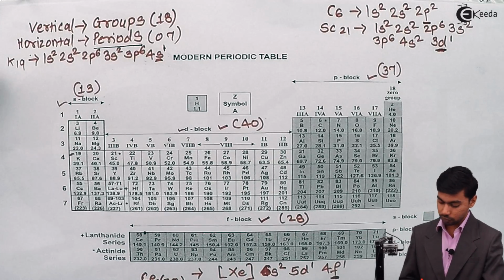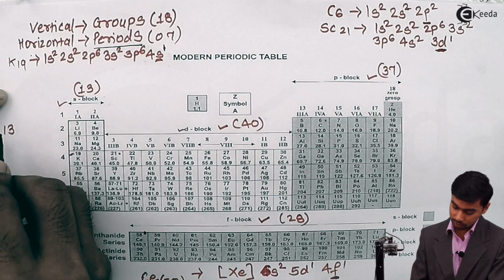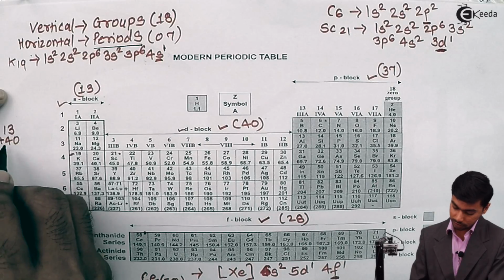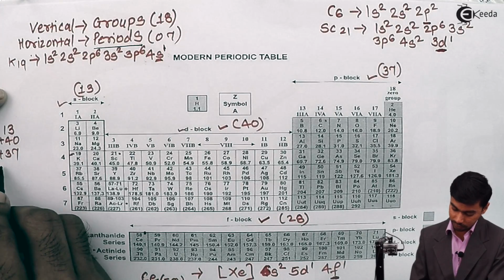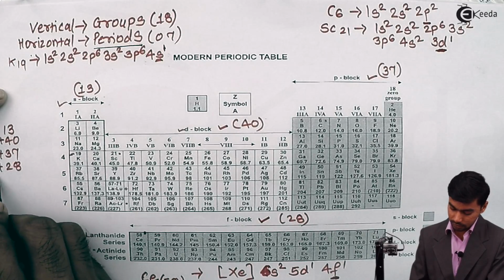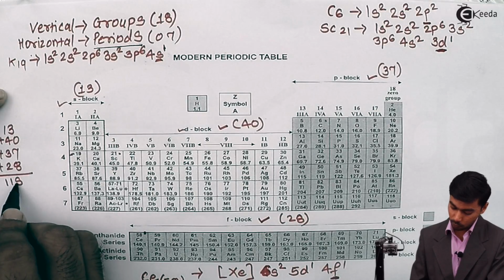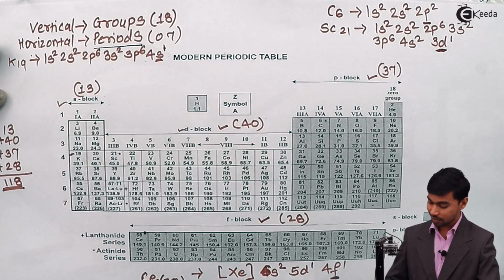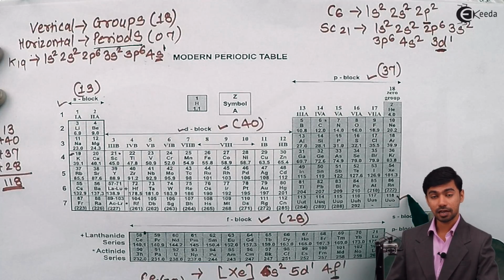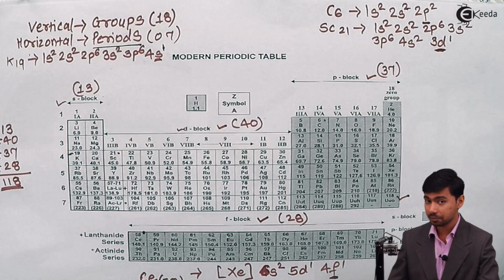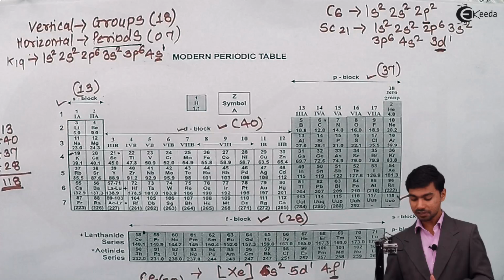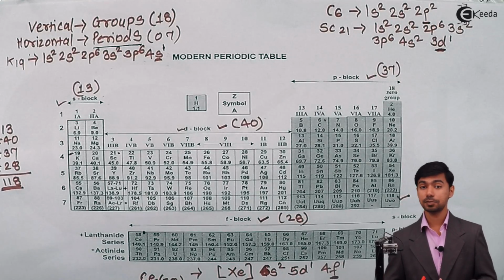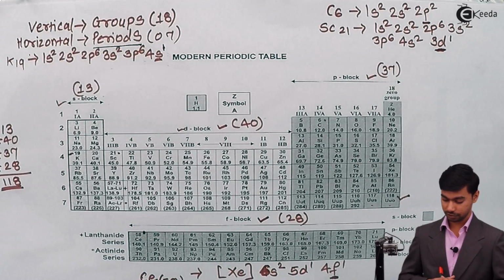So if we total all these numbers, 13 plus 40 plus 37 plus 28, we easily get 118, which is the last element. That means a total of 118 elements are classified in 4 blocks as per their electronic configurations.